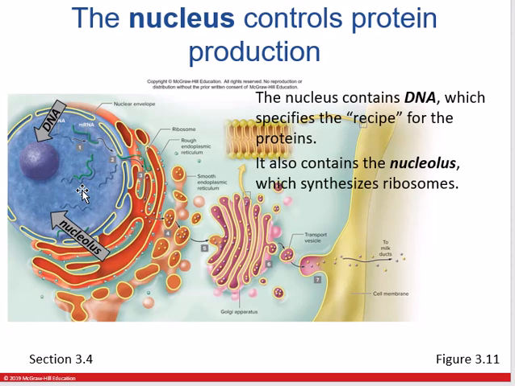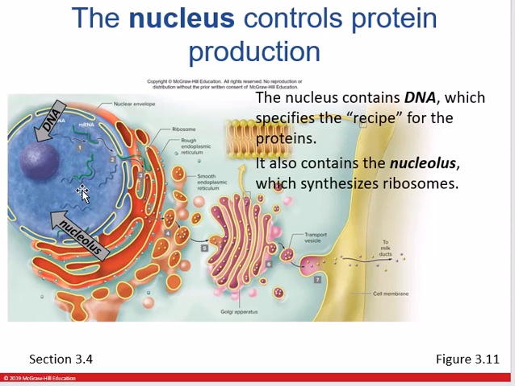This whole area, and all the contents located between the nuclear membrane and the cell membrane, not inside the nucleus and not outside of the cell, but in between, is called cytoplasm. So cytoplasm has these ribosomes.